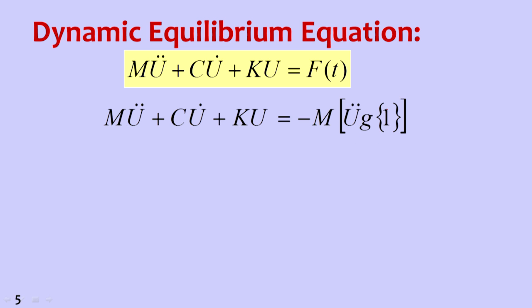This vector 1 is 1, 1, 1, depending on the number of degrees of freedom. If an n degree of freedom system is there, this is an n rows and 1 column vector.